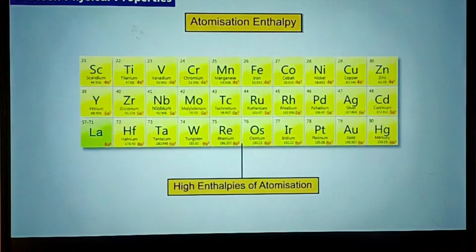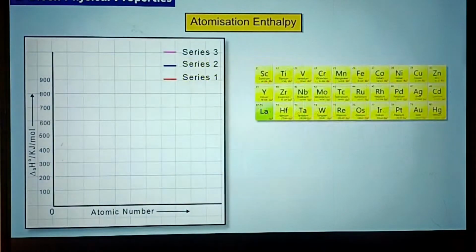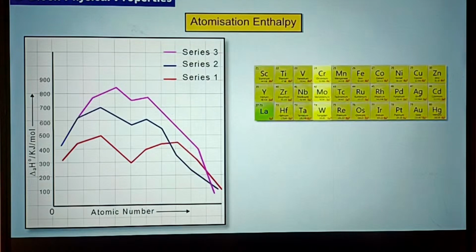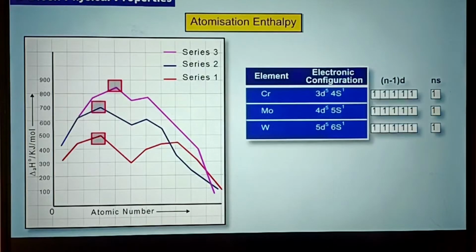Now, let us look at the atomization enthalpies of these elements. These elements have high enthalpies of atomization. The trends in the enthalpies of atomization of these elements are shown in this graph. From the graph, you can see that they exhibit maxima at about the middle of each series.